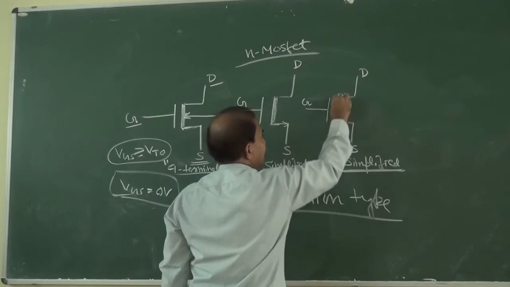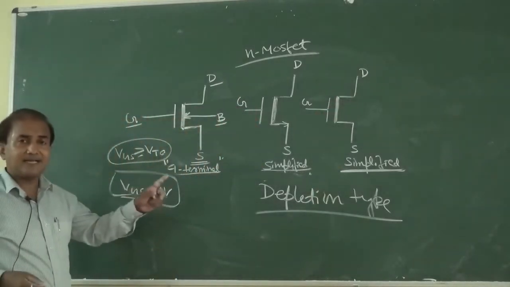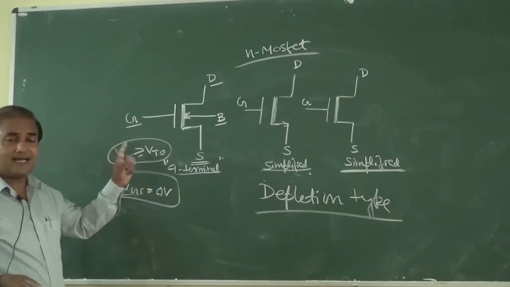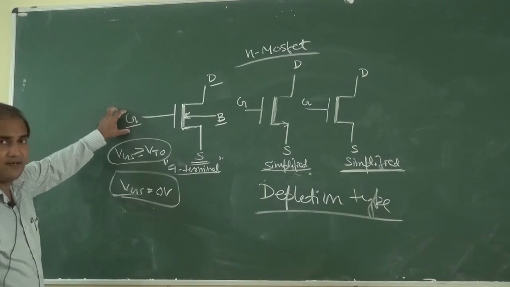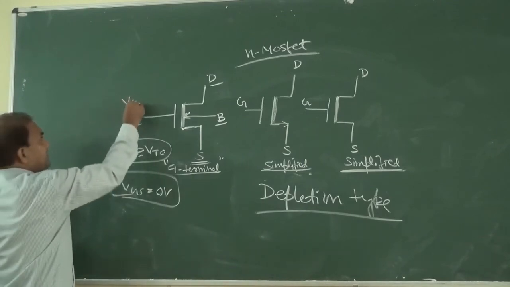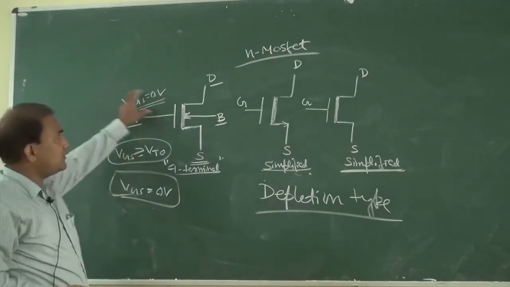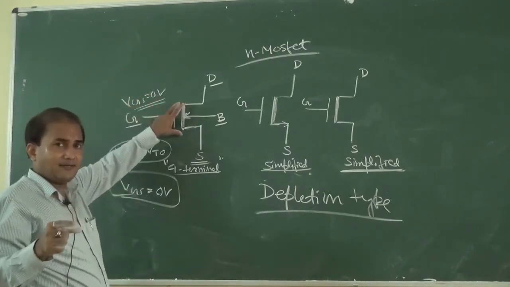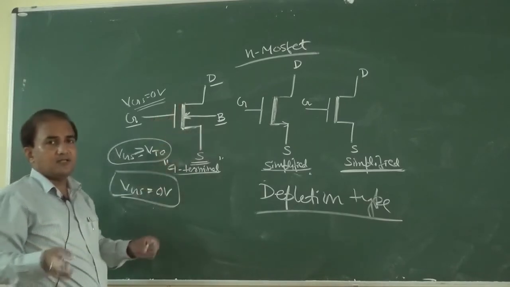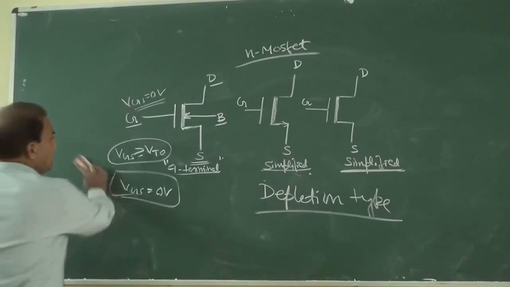So in case of depletion type MOSFET, a channel is already created, so even if VGS is equal to 0 volt, the channel is already created. So this is the main difference between enhancement type and depletion type.